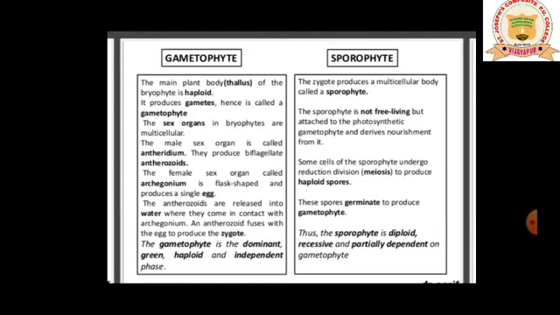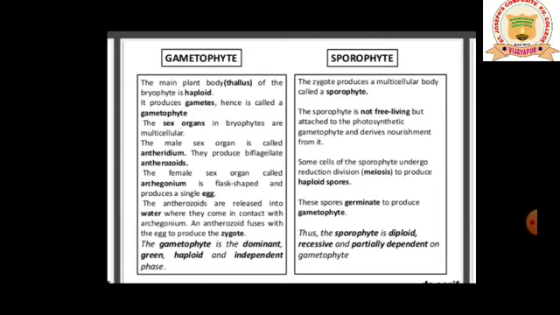This you know. The zygote produces a multicellular body, that is called sporophyte. When fertilization takes place, the fusion of sperm and egg, the anthrozoid and archegonium, they form a zygote. That zygote multiplies, it is a multicellular body which will go for division and form sporophyte.